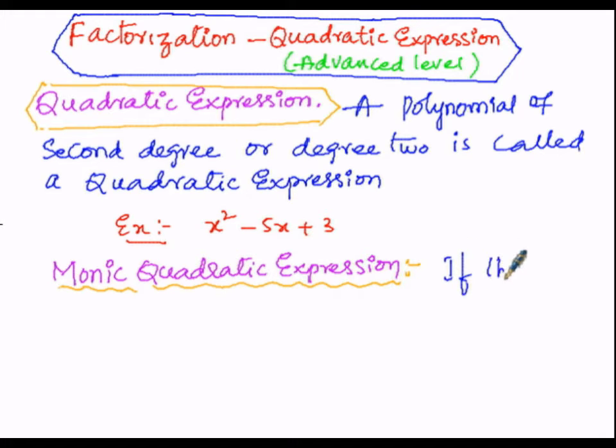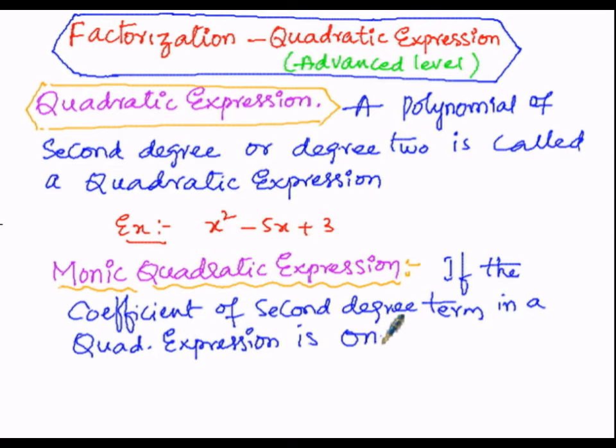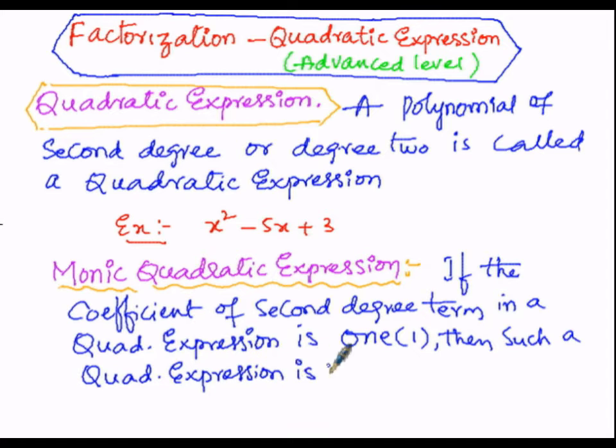So here, if the coefficient of the second degree term in a quadratic expression is 1, that is 1 in numeral, then such a quadratic expression is called a monic quadratic expression.